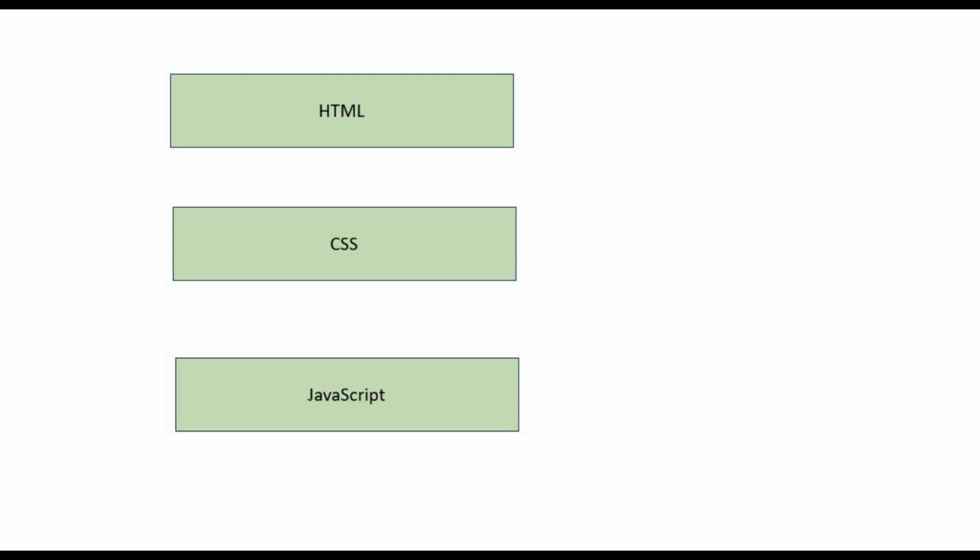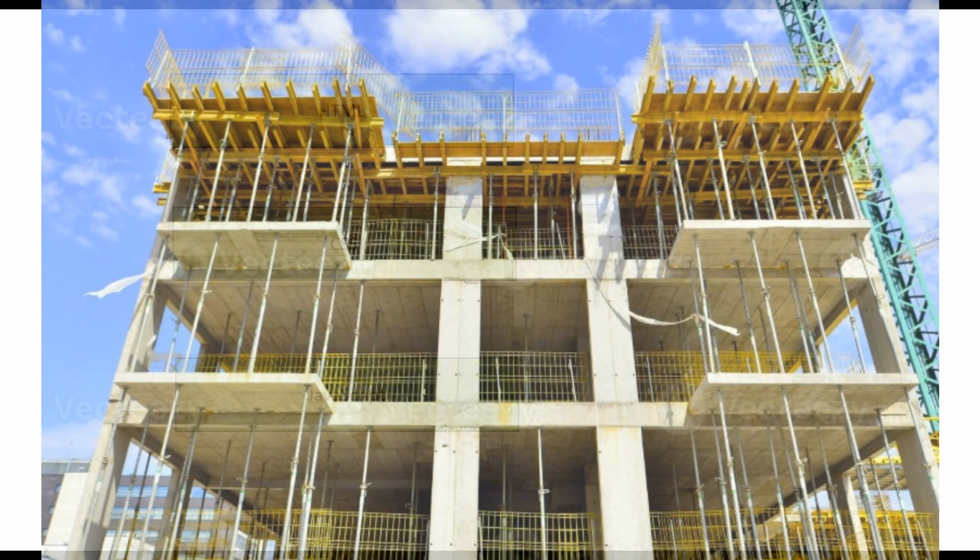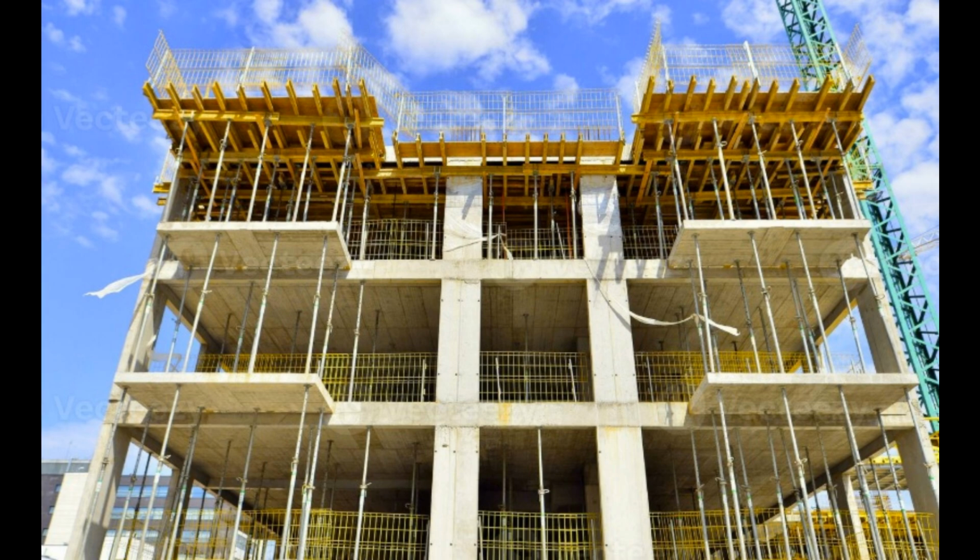JavaScript is used to add functionality to our web page. Let me give you a real life example. Suppose we are building a construction like a house, a multi-storied house. So all the building construction, or the prototype, or only the structure whatever we build, is our HTML.